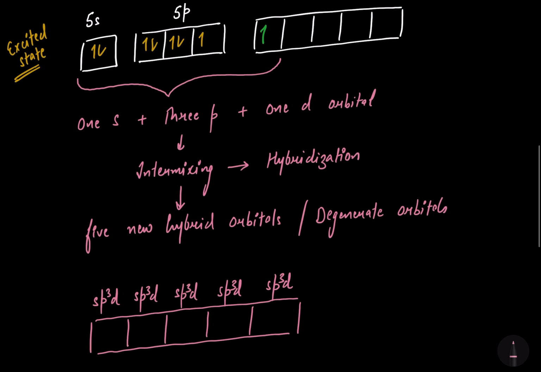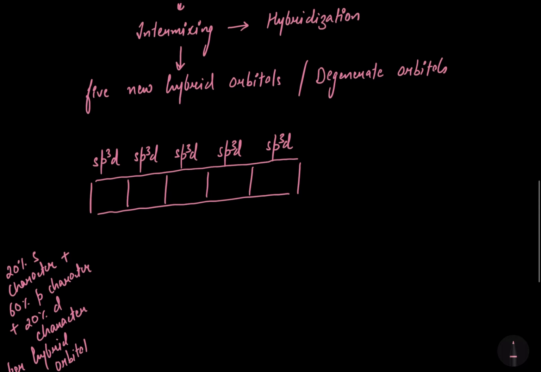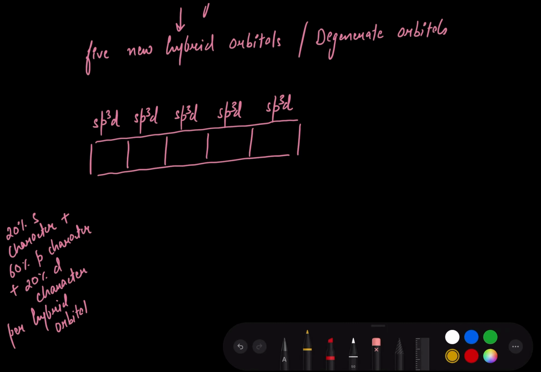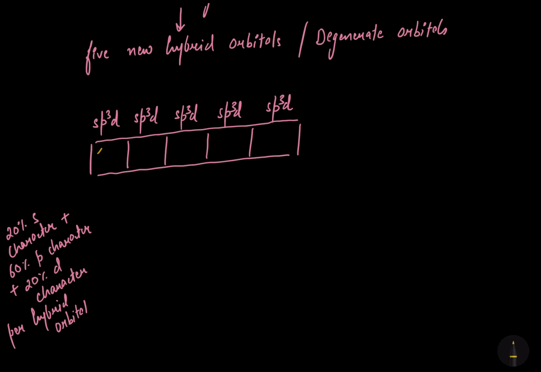So let's fill those 8 electrons in the sp3d hybrid orbitals according to Hund's rule. The first electron in the first sp3d, the second in the second sp3d, the third in the third sp3d, the fourth in the fourth sp3d, the fifth in the fifth sp3d, the sixth electron over here with a spin of -1/2, the seventh electron over here with a spin of -1/2, and the eighth electron over here with a spin of -1/2.